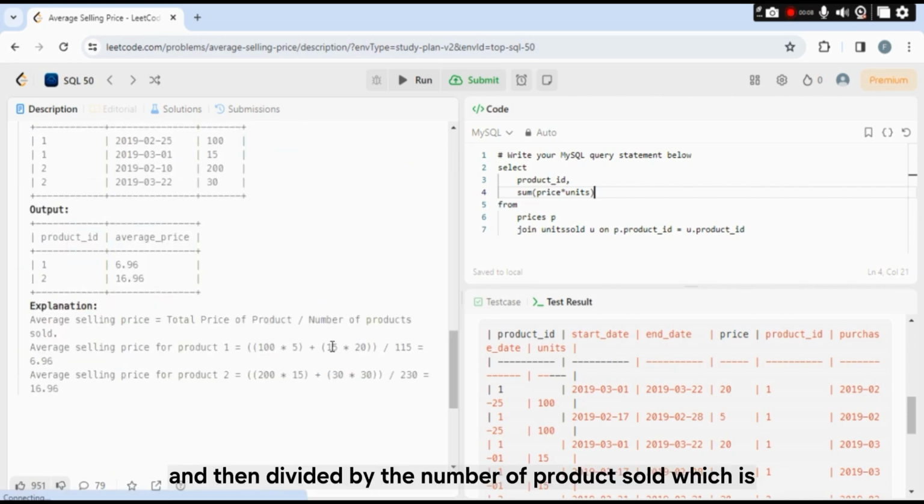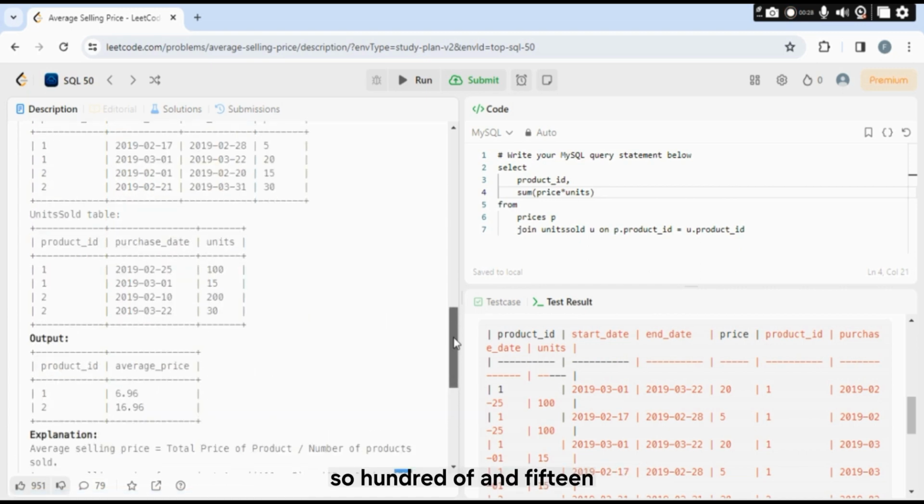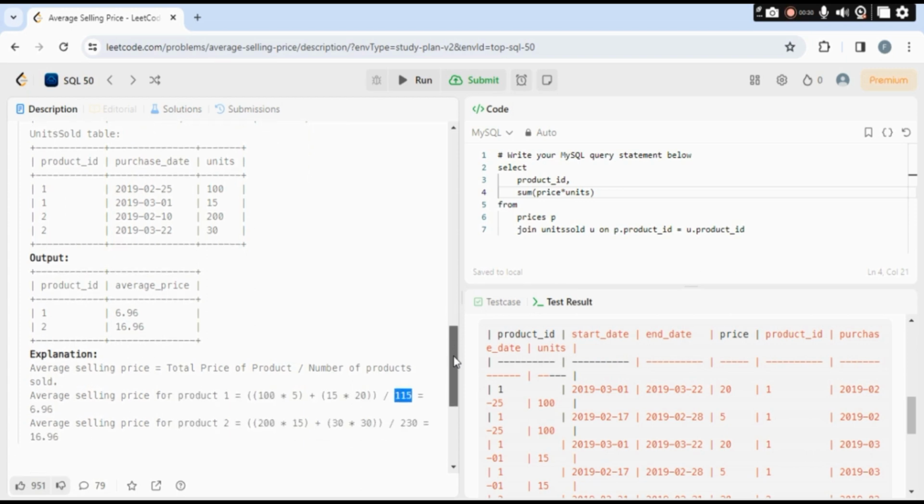And then divided by the number of products sold, which is, if we take a look at this example from the explanations, 115 for product 1.